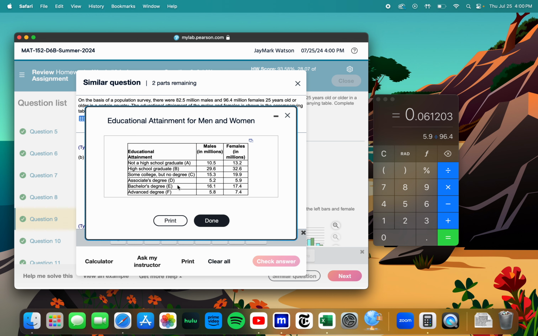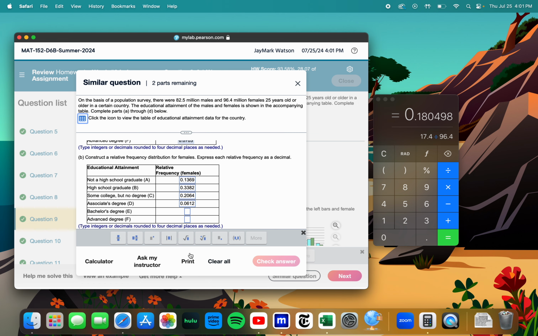For bachelor's, 17.4 again. And that gives us 0.1804, and you will round that up to 0.1805 because of the 9. So 0.1805.